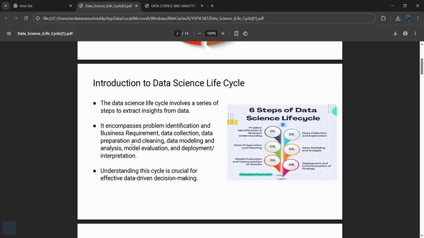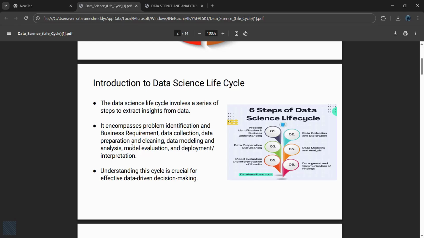Next, understanding this cycle is crucial for effective data-driven decision making. If you want to make any decision based on the analysis of the data, this data science life cycle is very important, because data analysis means analyzing the data. If you want to analyze the data, you have to perform these steps.